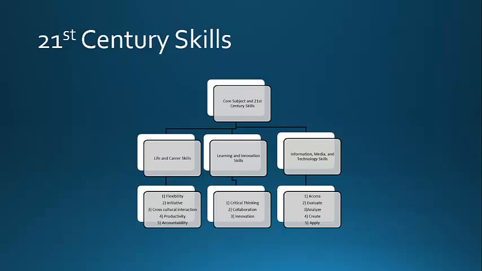Learning and innovation skills involving critical thinking, collaboration, and innovation, and information, media, and technology skills, meaning the students need the ability to access, evaluate, analyze, create, and apply. The information, media, and technology skills component is the one that is probably the most relevant to the Common Core standards we just looked at.